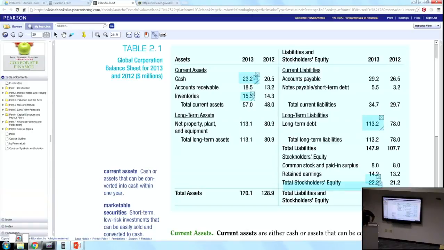Part C, Global used 5 million in cash and 5 million in long-term debt to purchase $10 million worth of building. So long-term assets will increase by 10 million, but cash would decrease by 5 million.